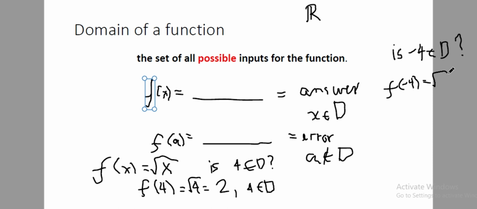So we have the square root of negative 4. In this case, we don't have any square root of a negative number under the set of real numbers. You may try your calculator, but the answer is error or undefined. It means that negative 4 is not part of the domain. So again, the domain is the set of all possible inputs for the given function.